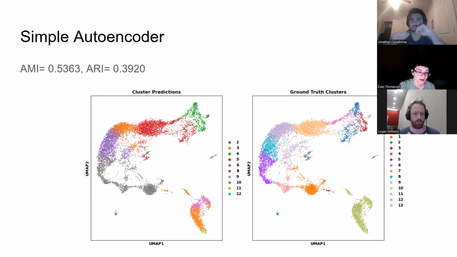For these two graphs, the groupings of the colors are more important than the colors themselves. For example, the red cluster in the top left versus the light orange cluster in the top right means the model predicted this cluster pretty well. But again, the performance wasn't great overall, so we ended up switching loss functions to improve performance.